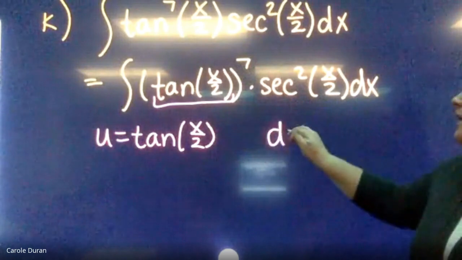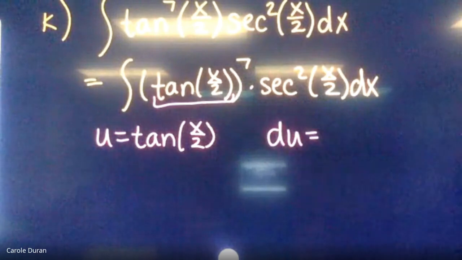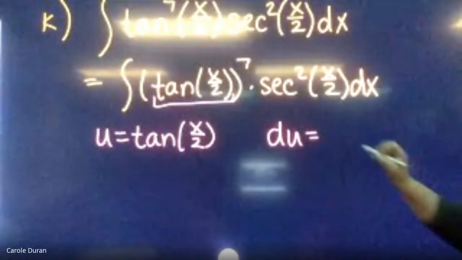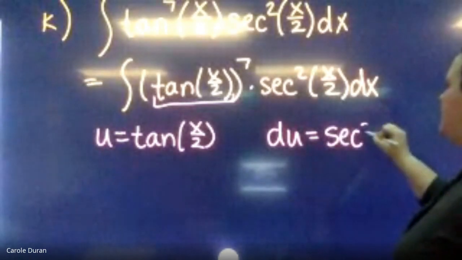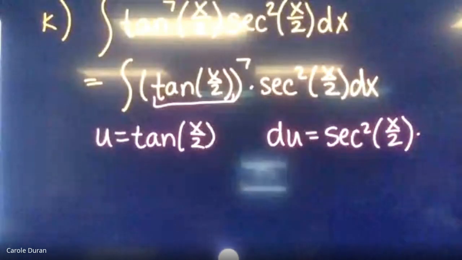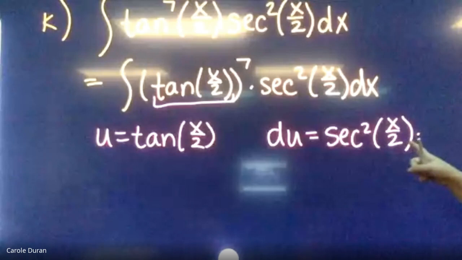This allows me to go ahead and find my du. We already established that the derivative of tangent is secant squared, right? So it's secant squared of x over 2 times, we're missing something. You have to do chain rule because I have something other than an x inside my parentheses.